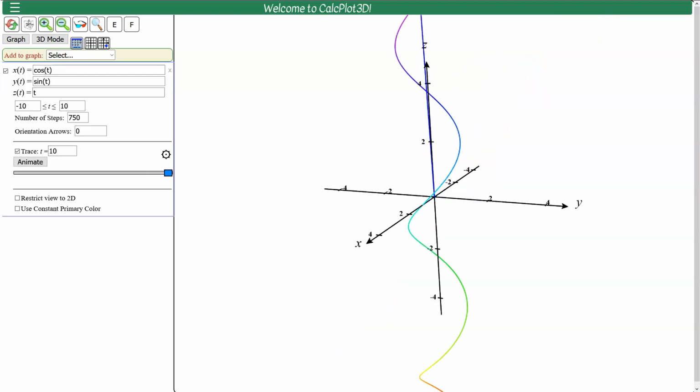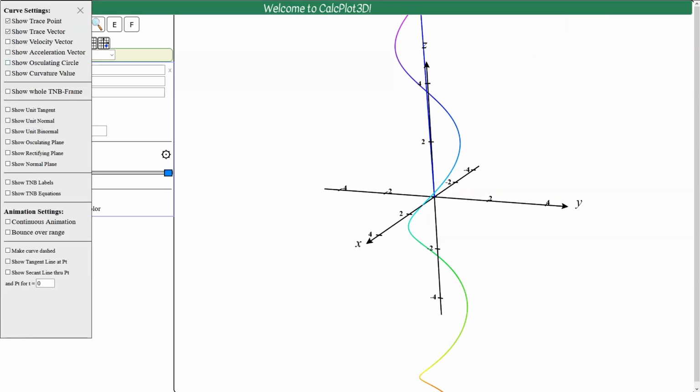Okay, now let's look at it with the frame. So what I'm going to do is take off the trace vector and show the whole TNB frame. You can see up here, it says TNB. These are just approximations to 2 decimal places for those 3 vectors. We don't need the 3 planes, just the labels and equations.